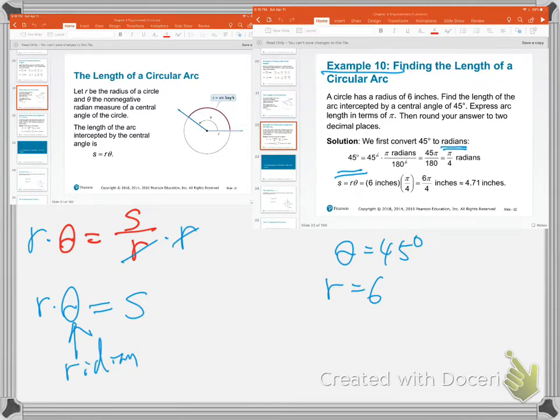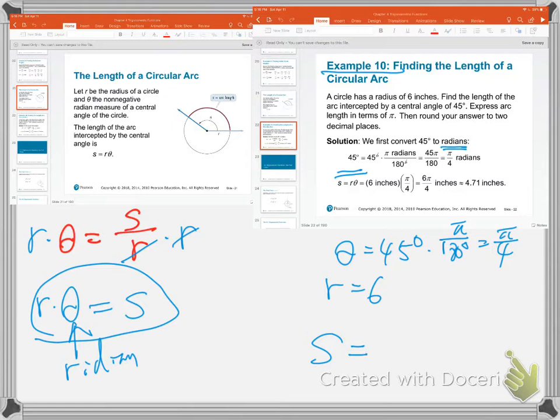So we got 45 times pi over 180, which is pi over 4 in radian measure. Now we use this formula for the arc length. S is the radius times the radian measure, so it's 6 times pi over 4. Use a calculator, you will get 4.71. That's an application of the definition of radian measure.